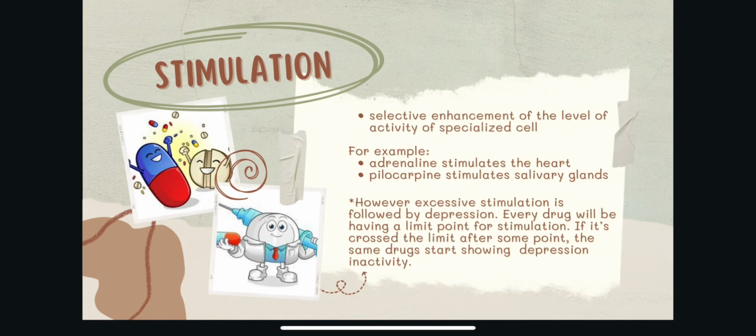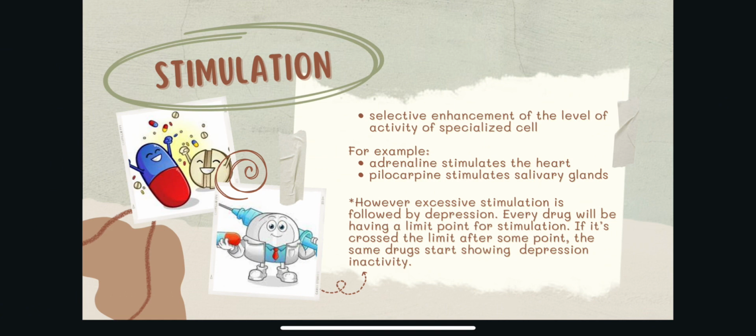First one is stimulation. Stimulation is defined as selective enhancement of the level of activity of specialized cells. That is nothing but, once we take the drug, it will show an increase in activity going on in the cells. For example, adrenaline stimulates the heart, pilocarpine stimulates salivary glands.